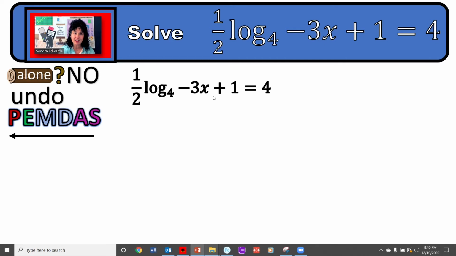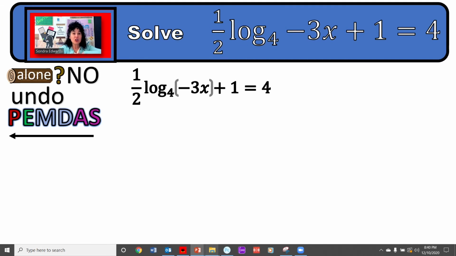But plus 1, no, that one is not attaching. So I'm going to insert the set of parentheses there myself. You'll see several problems in textbooks all over the place where they're just lazy and leave off the set of parentheses. When that happens, insert those yourself.